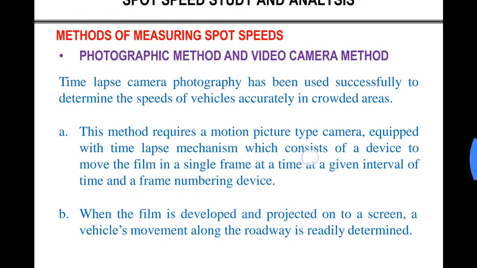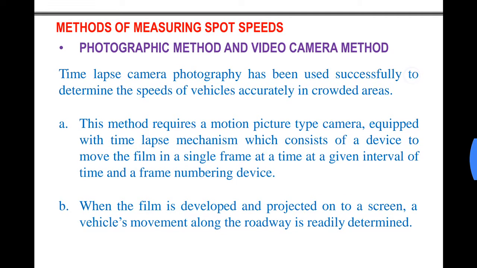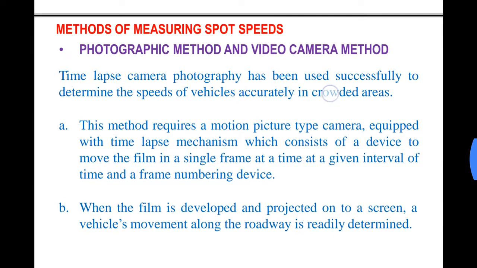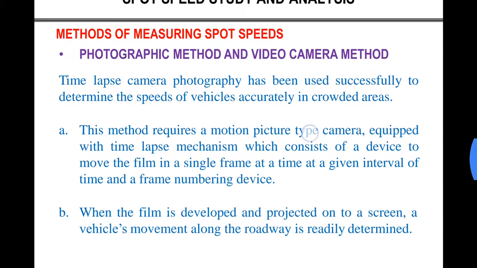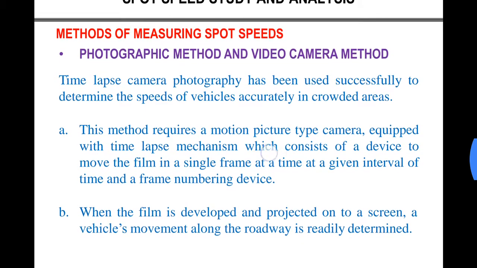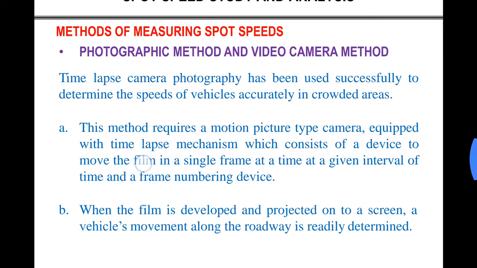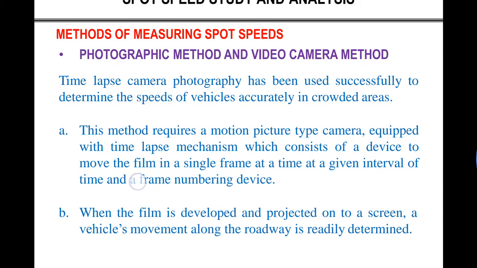Now the final method is the photographic method and video camera method. Here time-lapse camera photography has been used successfully to determine the speeds of vehicles accurately in crowded areas. This method requires a motion picture type camera equipped with a time-lapse mechanism, which consists of a device to move the film a single frame at a time at a given interval of time, and a frame numbering device.